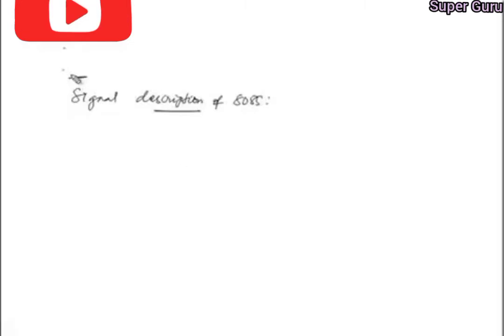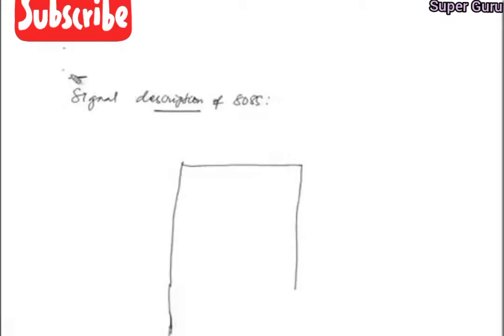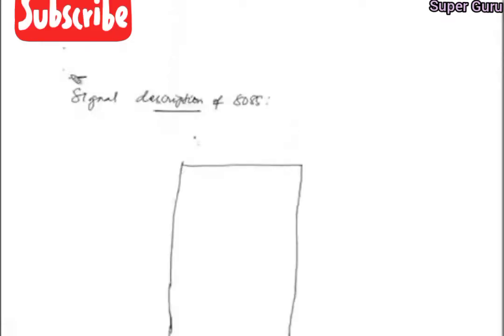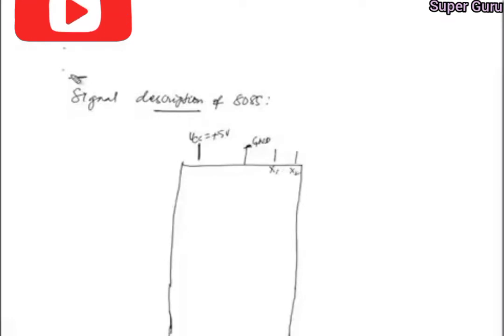Okay, now we'll draw the signal diagram of this 8085 microprocessor. First one here, this is VCC plus 5 volts, and this is ground. Then this is X1, X2, some crystal frequency to generate here.